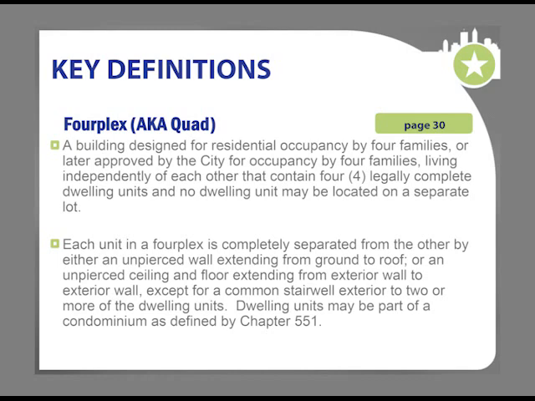And again, each unit is completely separated from the other by an unpierced wall. So that distinguishes the fourplex, the triplex, the single family attached, single family detached, and the double. Each has a unique definition.